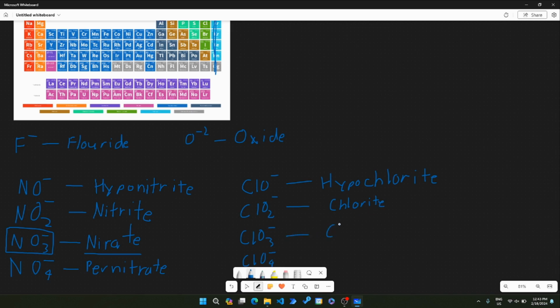ClO3 becomes chlorate. And ClO4 becomes perchlorate.